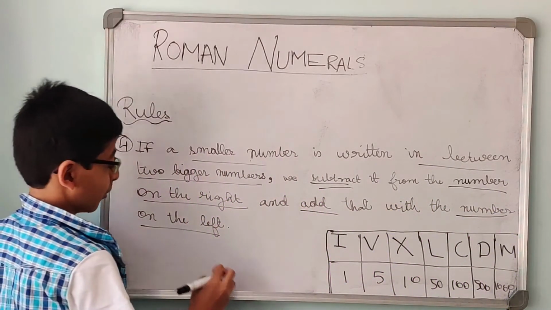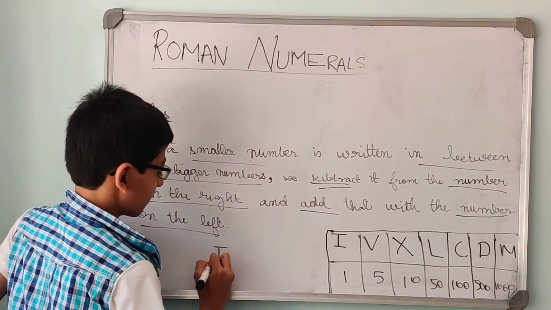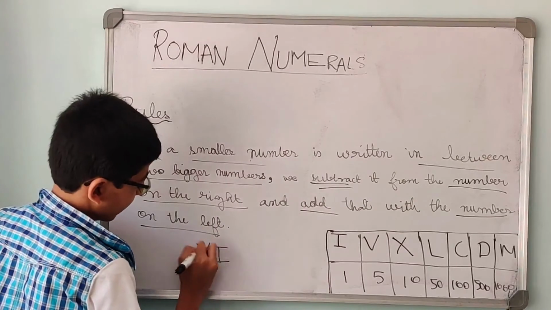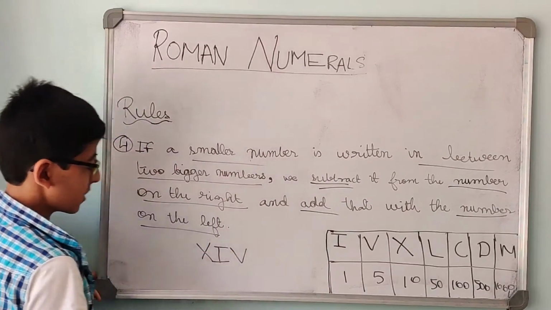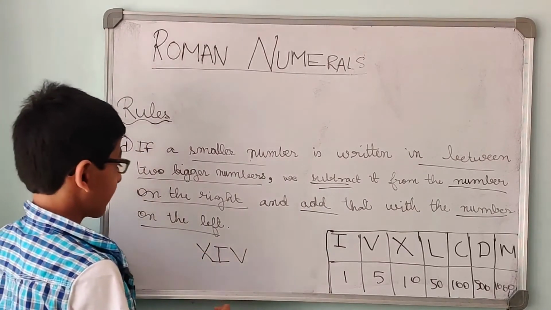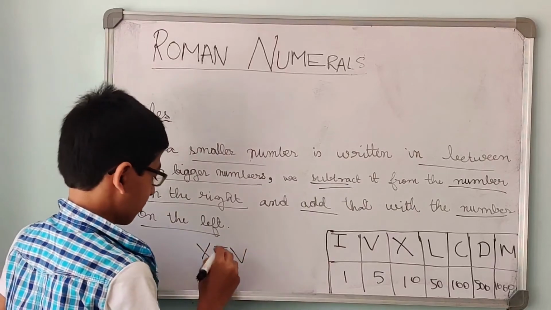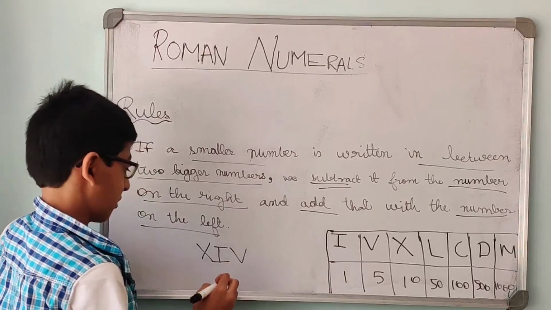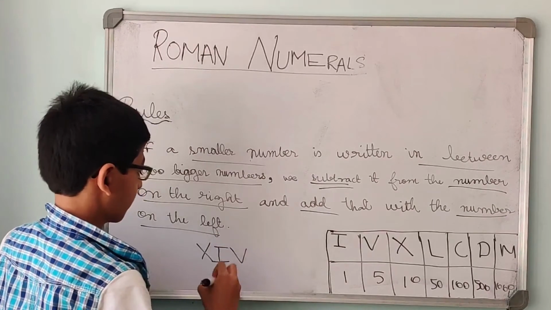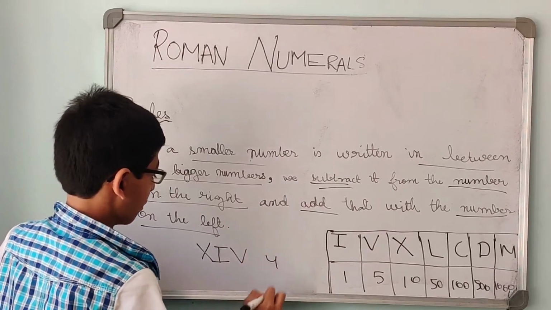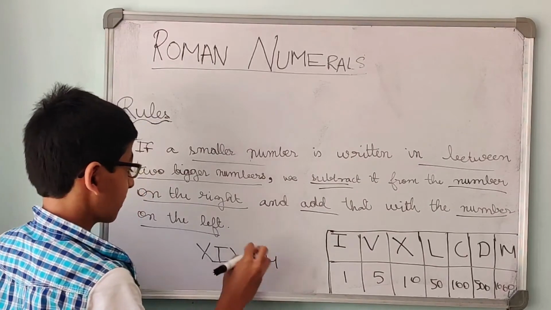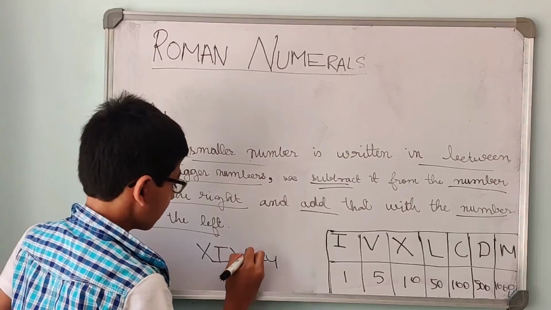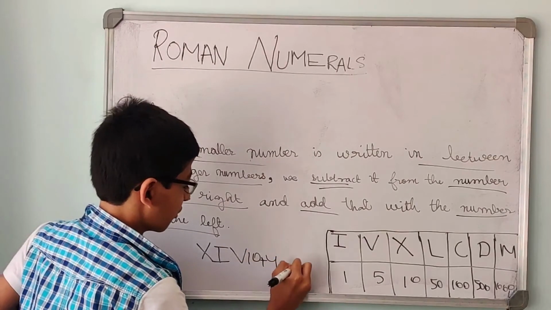Let us take the smaller number as I, written in between two bigger numbers, X and V. We subtract it from the number on the right, so V minus I is 5 minus 1, that gives us 4. And we add this with the number on the left, that is X. X is 10, so 10 plus 4 is 14.